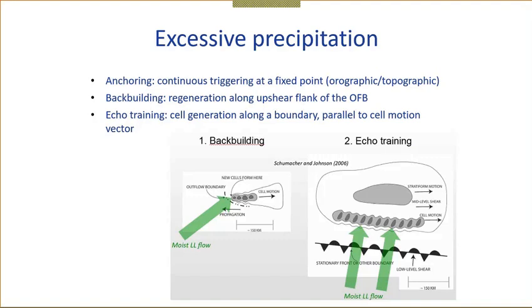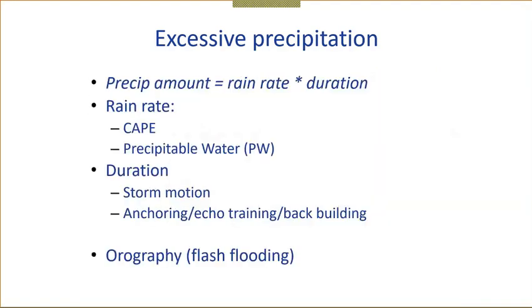It can be a frontal zone, most of the time a frontal zone. You have the continuous generation of cells. And that means that when you are located somewhere parallel to this baroclinic boundary, you can also end up with a lot of precipitation.